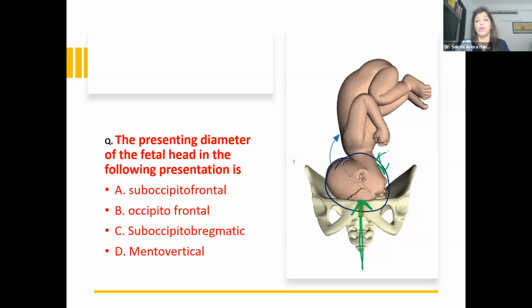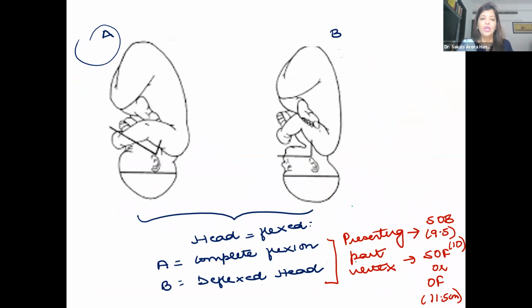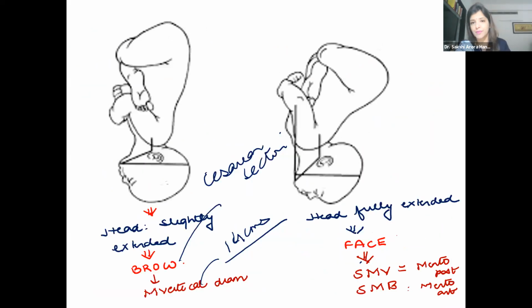Because if the neck would have been fully extended, the occiput area would have touched the back, right? Here, the occiput is not touching the back. That is why I'm saying it is partially extended. Clear to all of you? Okay. So they can show you any of these images and they can ask you the presenting diameter. So these images are equally important.